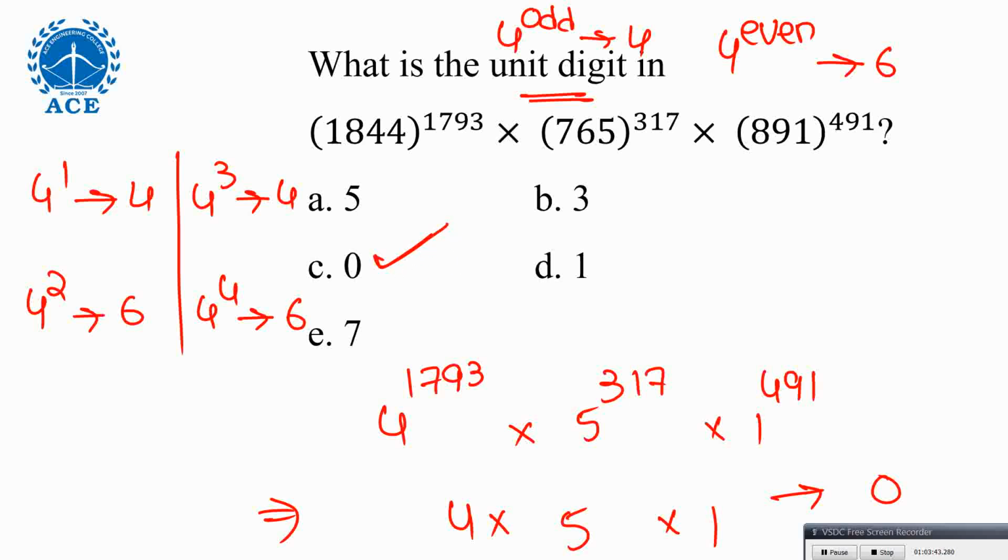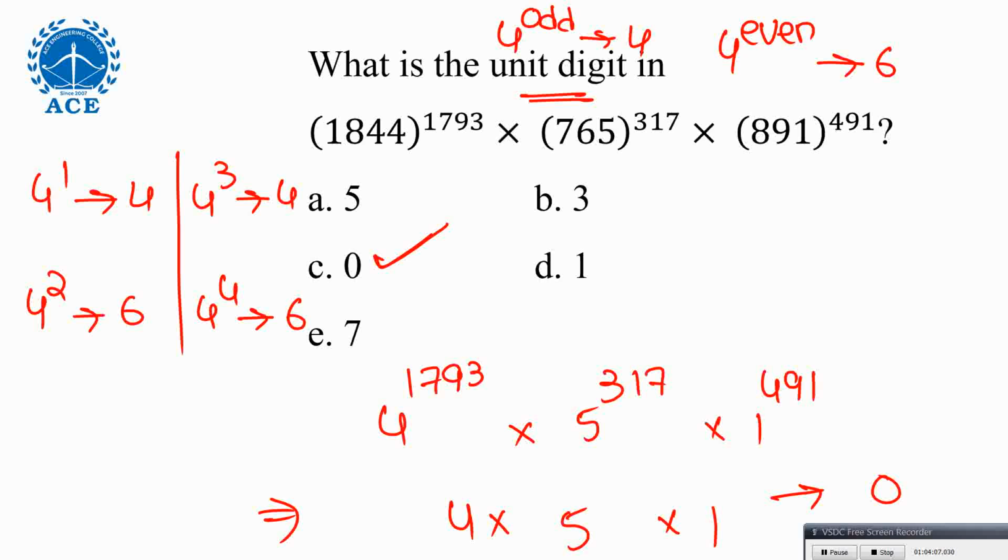Okay, but in fact, instead of all this, 4 is an even number. 4 is an even number, power anything will give even. Even into 5 will end with 0. All this also is not required. Not only 4, for any even number, power of something, positive integer will give even units place.